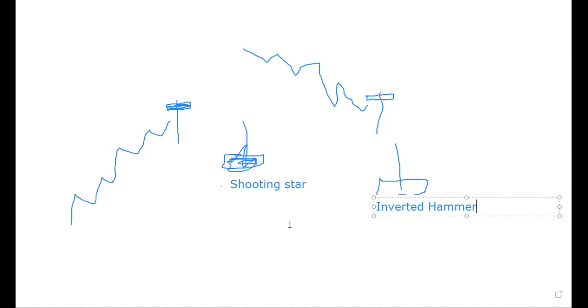So that is all about the single candlestick. We've talked about the spinning tops, the marubozu, the doji, hanging man, the shooting star, inverted hammer, the hammer itself.